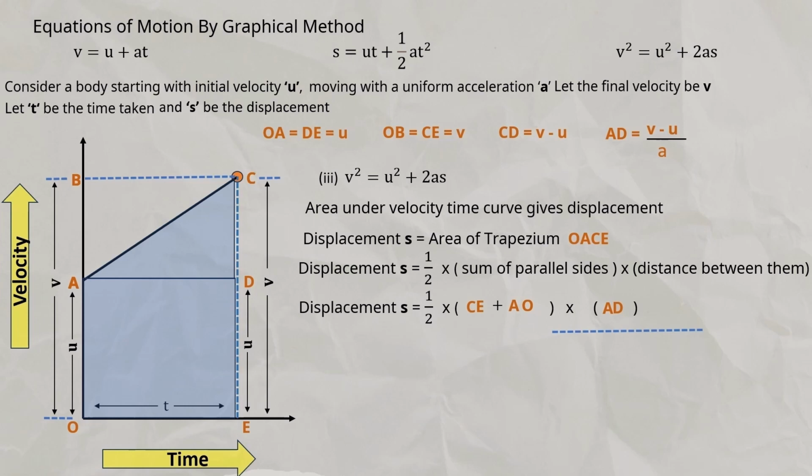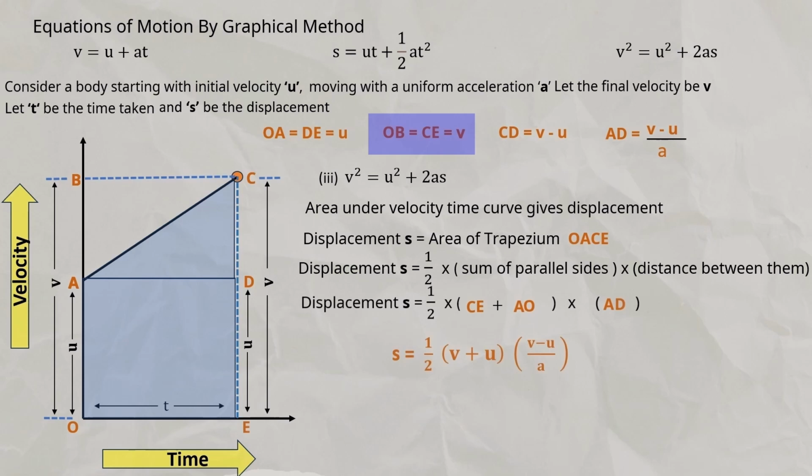Now from the data, we will apply all the values. CE is equal to v, AO is equal to u, and AD is equal to (v minus u) by a. So we will get S is equal to half into (v plus u) into (v minus u) by a. Here 2 and a are in the denominator. We will take them to the left hand side. So we will get 2as is equal to (v plus u) into (v minus u).